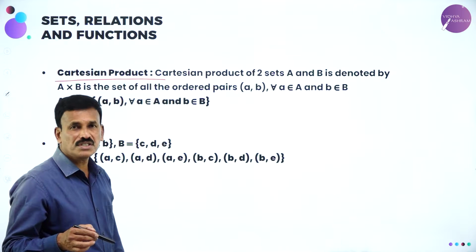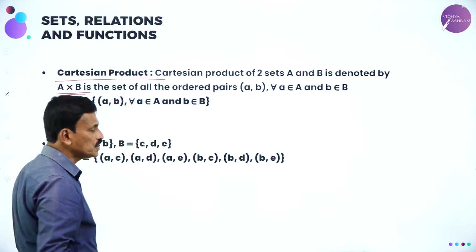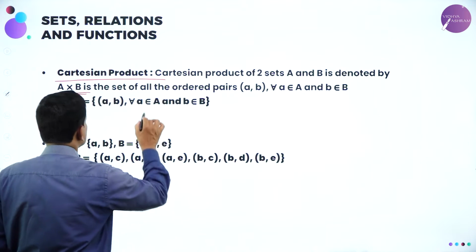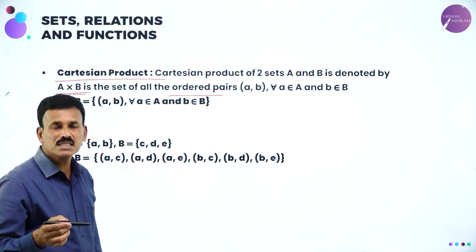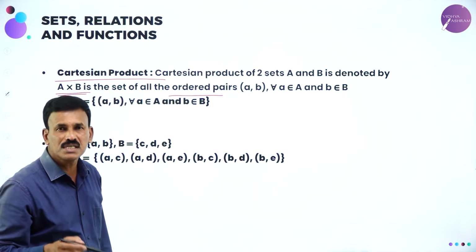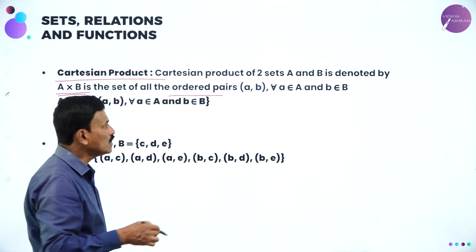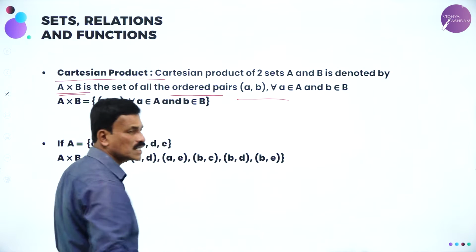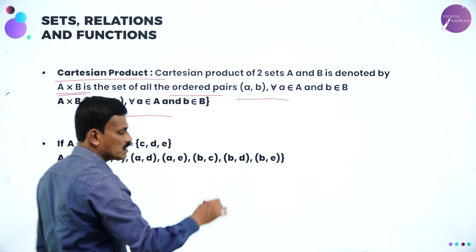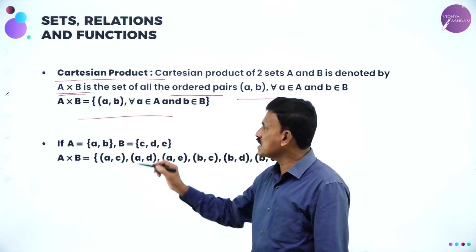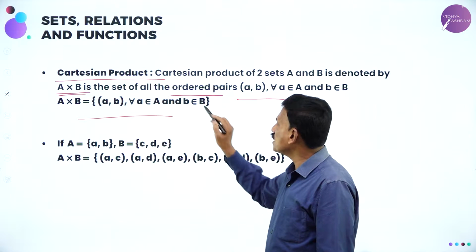So the Cartesian product of two sets A and B is denoted as A cross B. A cross B is the set of all ordered pairs (a, b), where a belongs to A and b belongs to B. That means the first element is an element of set A and the second element is an element of set B. Therefore A cross B is equal to the set of (a, b) such that a belongs to A and b belongs to B.